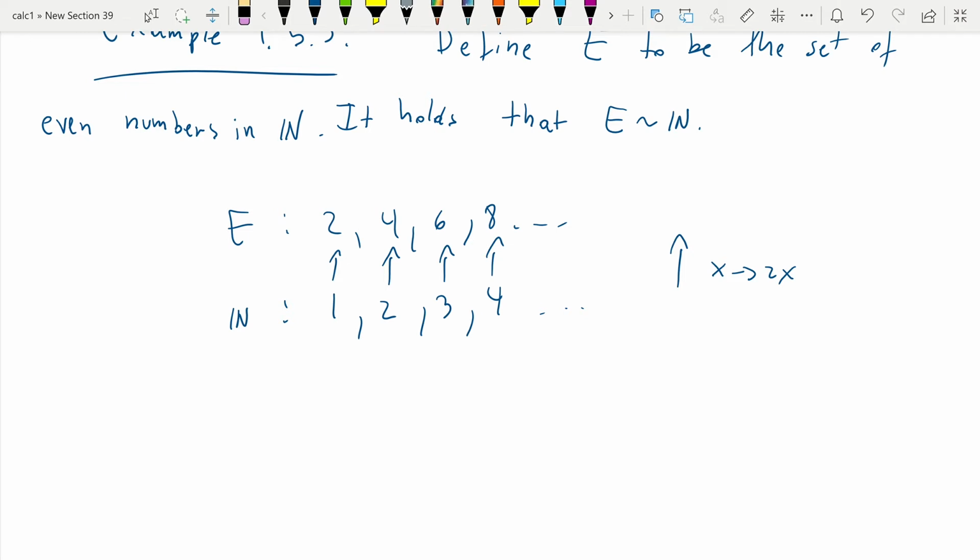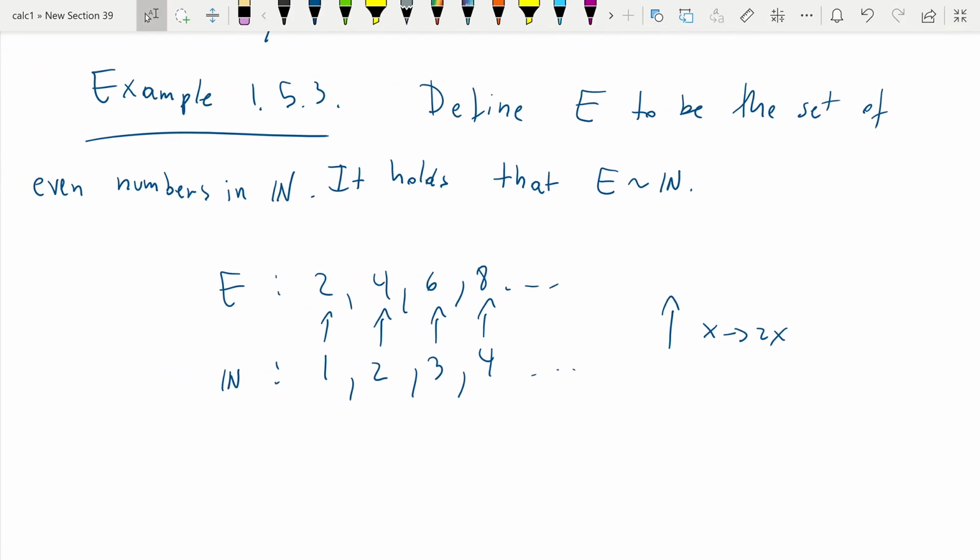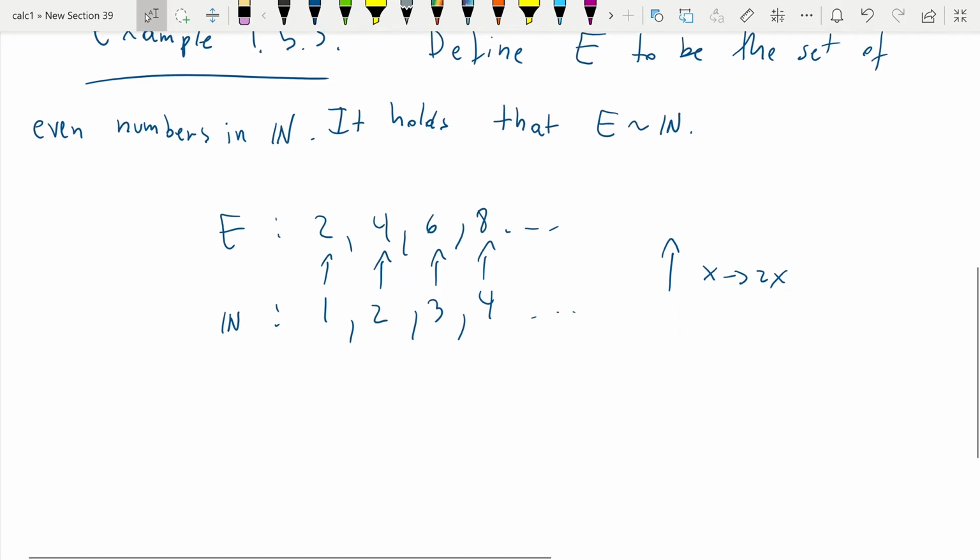And each of these even numbers will have a pre-image, namely half of that number, which will be mapped to it. So with this very neat closed expression, we can derive a one-to-one and onto mapping, a bijection, between the natural numbers and the natural even numbers.